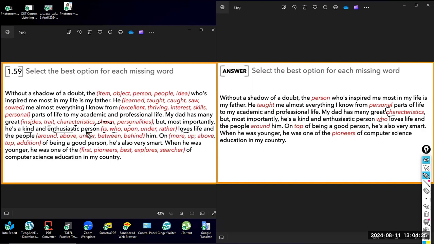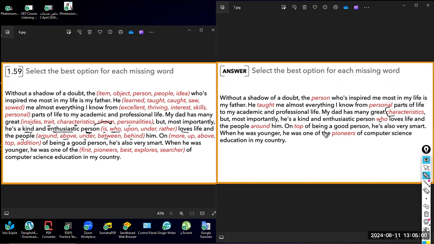So because I'm talking about a person, I have to choose the relative pronoun, which is who loves life and the people around him. Absolutely, I'm talking about the people around my father. It's not above him, I cannot say this word. Or under him, people under him, or people between him, or maybe people behind him. So I cannot say it like that. I have to say people around him.